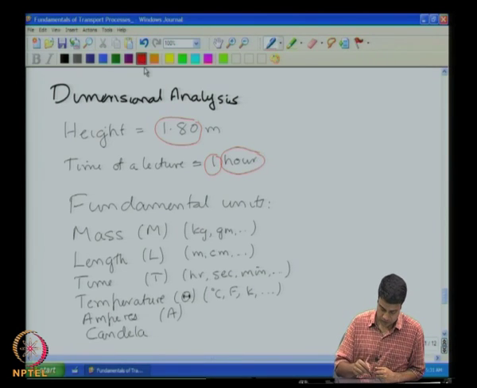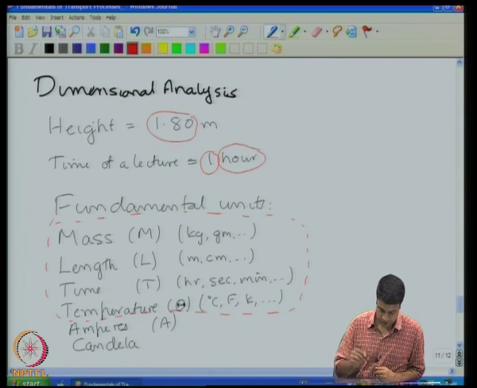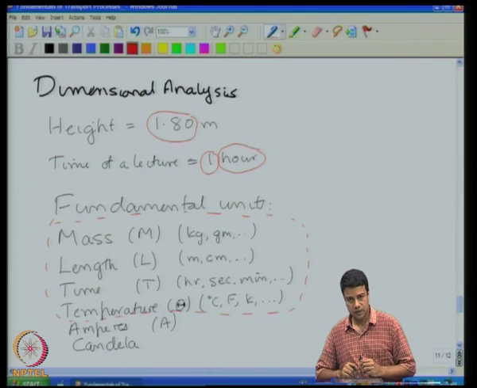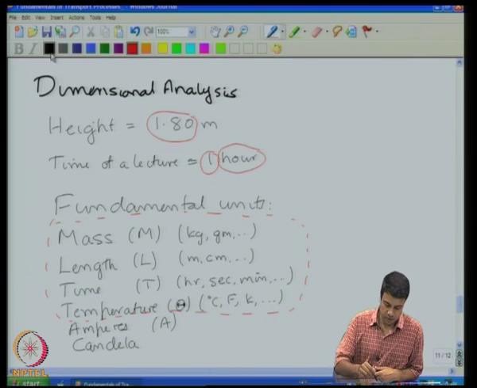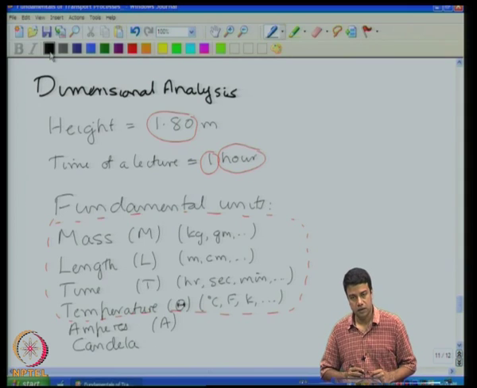So, in this course we will be using these fundamental units. For most mechanical momentum transfer processes, we will just use mass, length and time. Temperature becomes important when we have to deal with heat transfer.